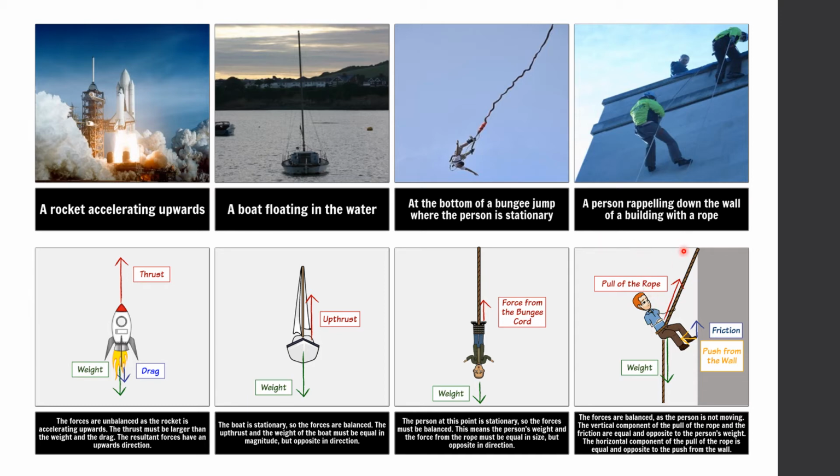So this is the tension force, and you have the weight, and you also have the friction on the feet of the person, and also you have that normal force from the wall towards the feet of the person. So you see in this example, it's complex. It has a lot of forces acting on it. So there.